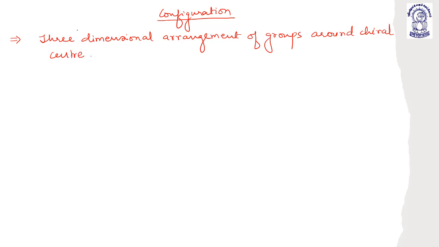There are two methods for assigning configuration to a molecule. One is the relative method, and another one is the absolute method.